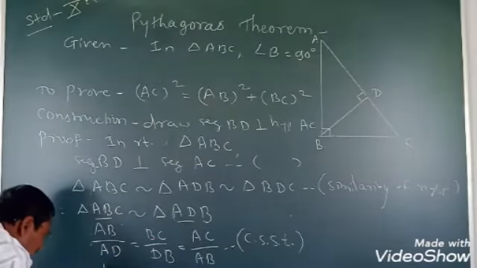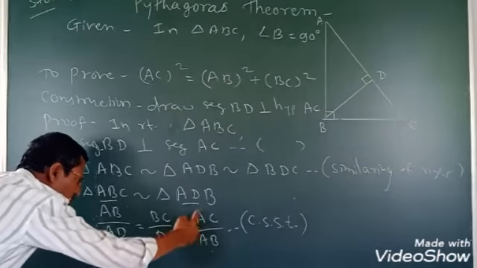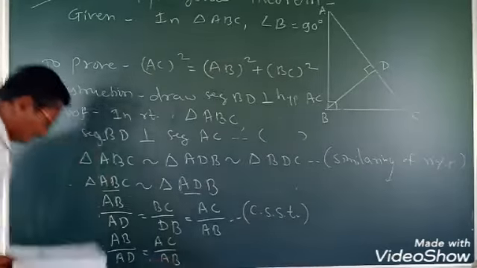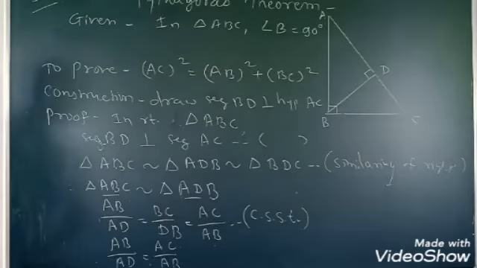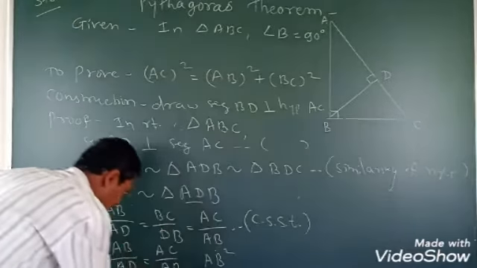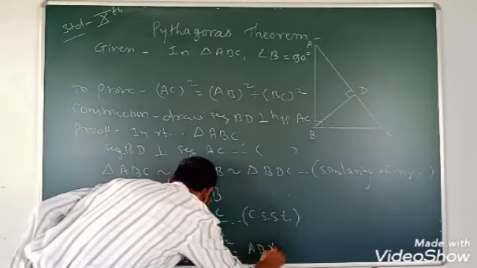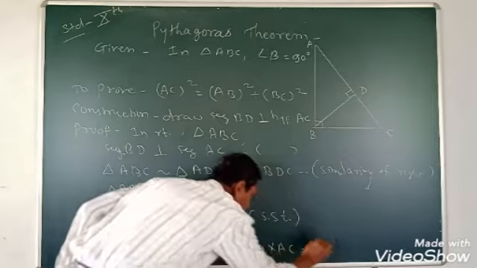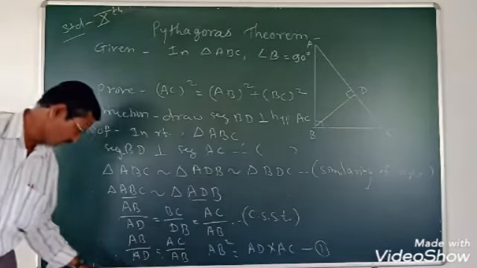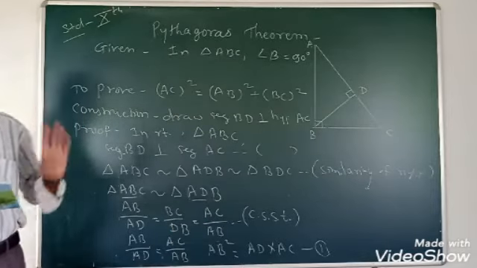Now it means that AB upon AD is equal to AC upon AB. From this ratio, by cross multiplication, AB into AB, AB square is equal to AD into AC. Suppose it is equation number 1.